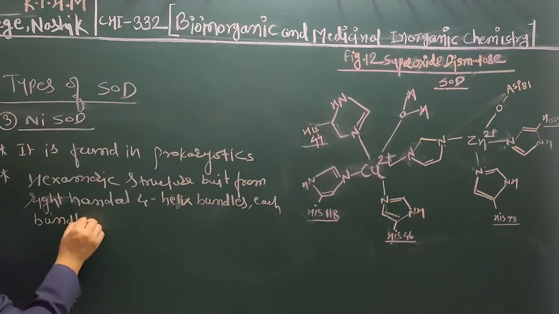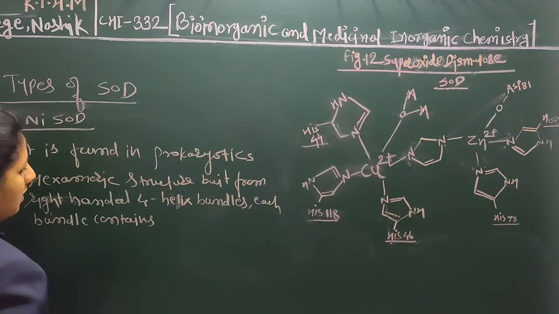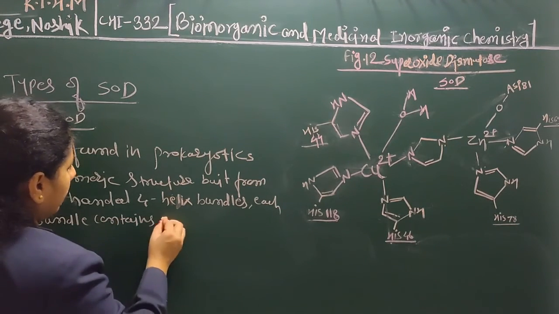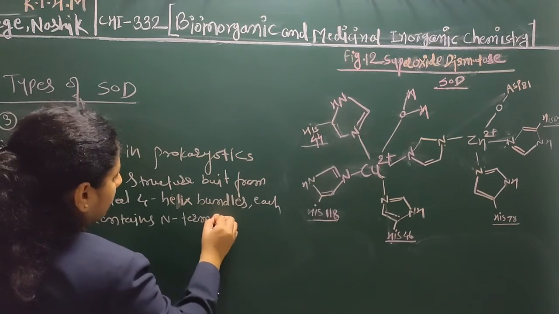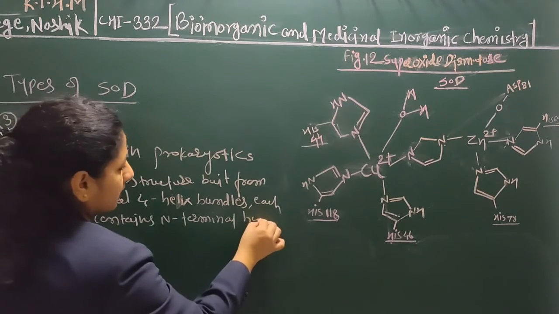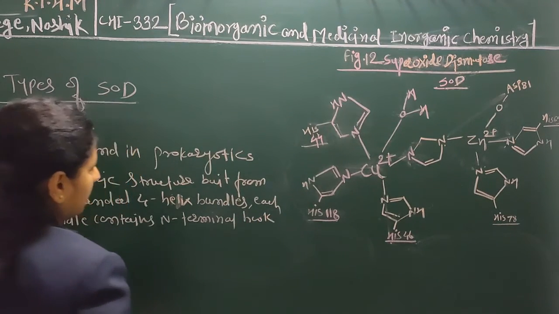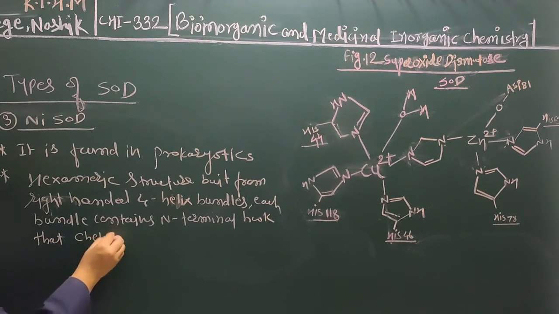Each bundle contains an N-terminal hook that chelates the nickel ion.